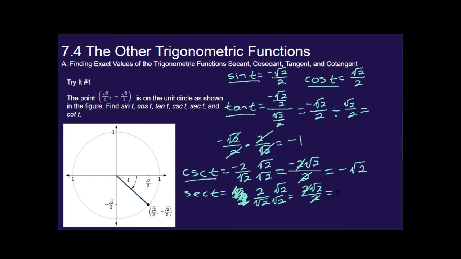Those cancel out, and I get positive square root of 2 for the secant. And then cotangent of t is the inverse of my tangent. My tangent is negative 1, and the inverse of negative 1 is still negative 1. So in this case, my tangent and my cotangent are the same.